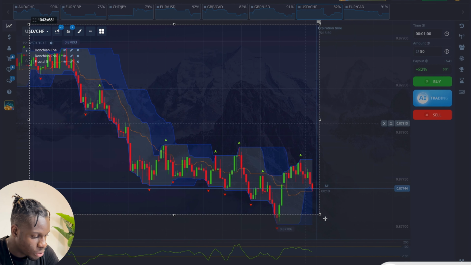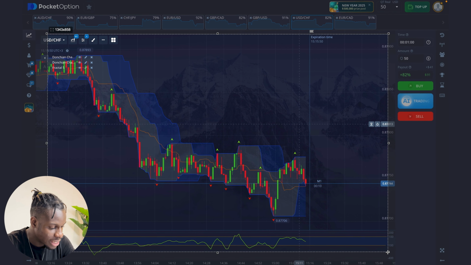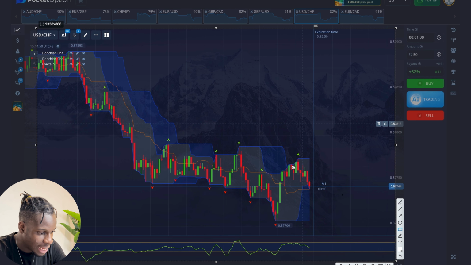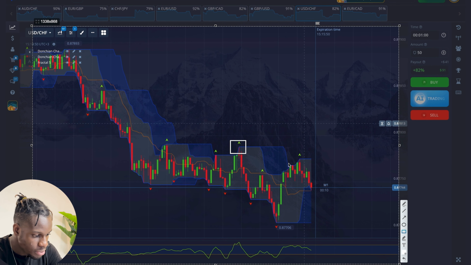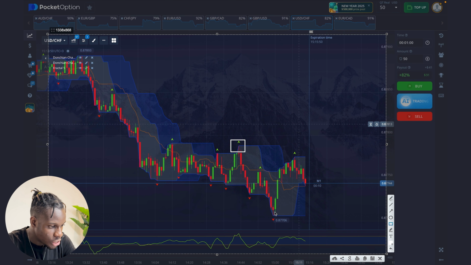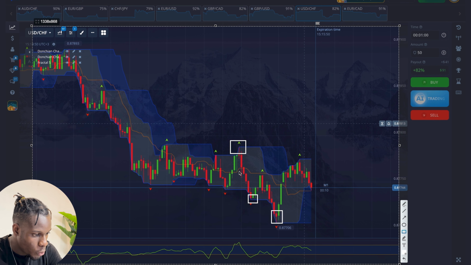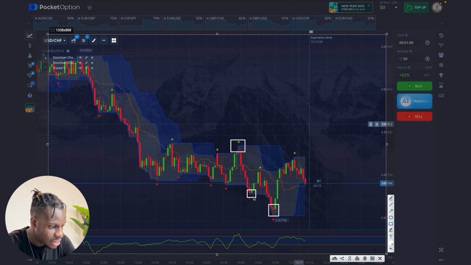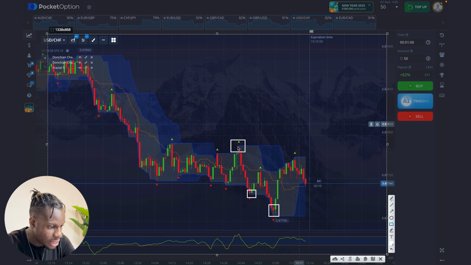Let me just highlight the working area and I'll show you an example of a very good signal. So let's highlight these points. And you're going to notice a certain pattern based on these 3 points. So we open a sell trade when the price touches the 2 moving lines.